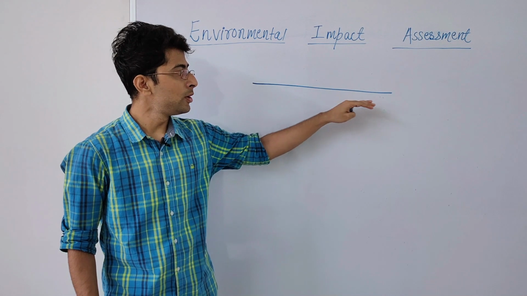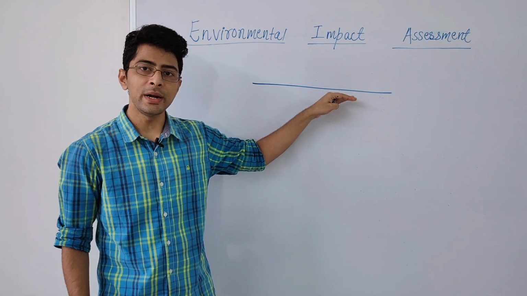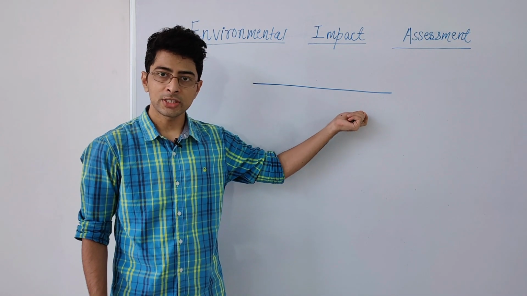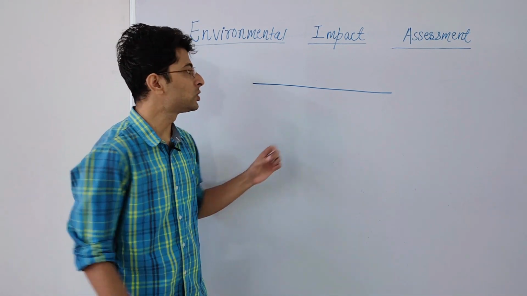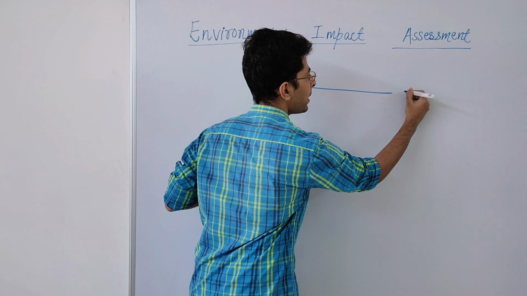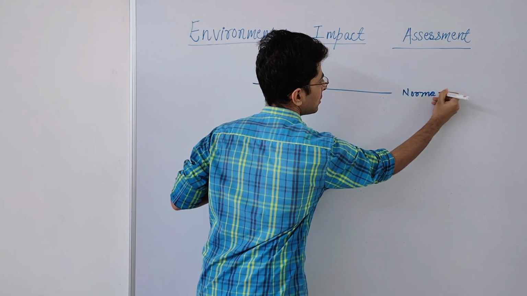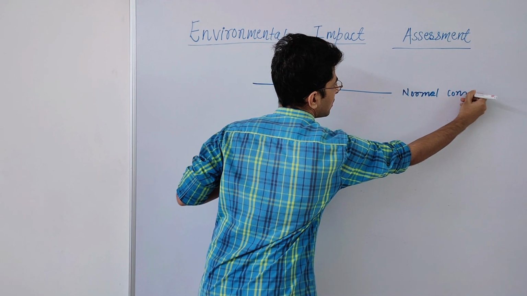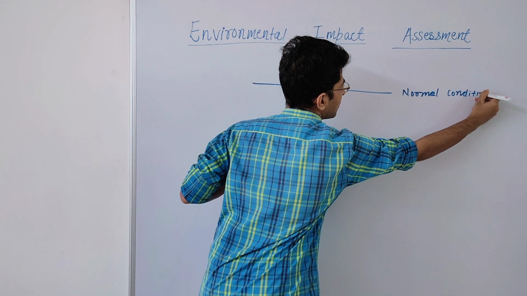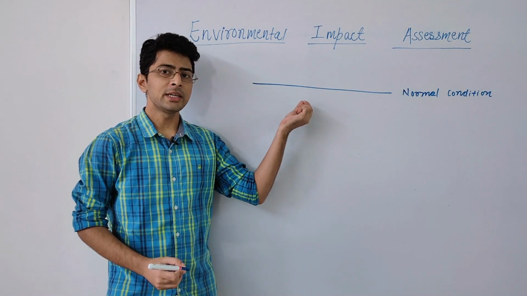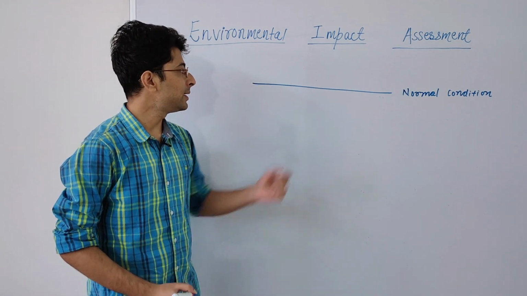Suppose this is the normal condition when any developmental project such as mining or construction of dams, construction of highways are not undertaken. So this is our environmental parameters in normal condition. Now a project, let's say construction of dam is initiated.